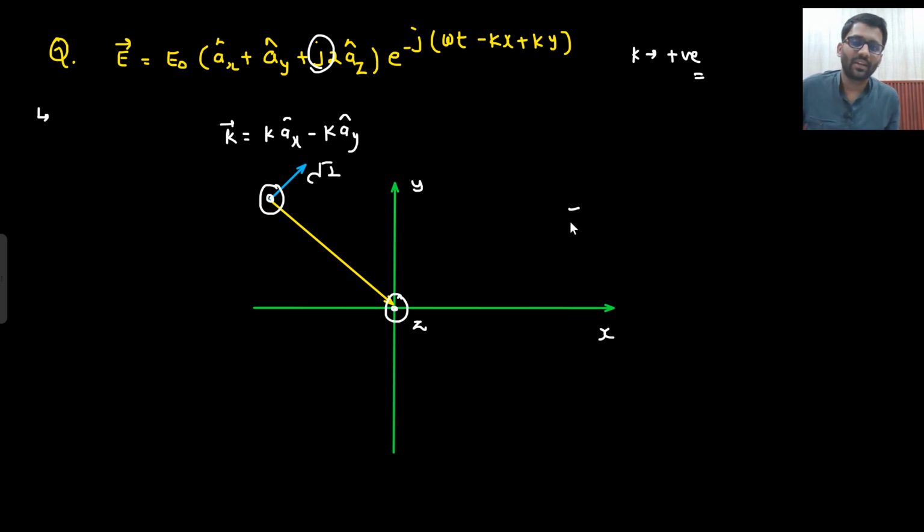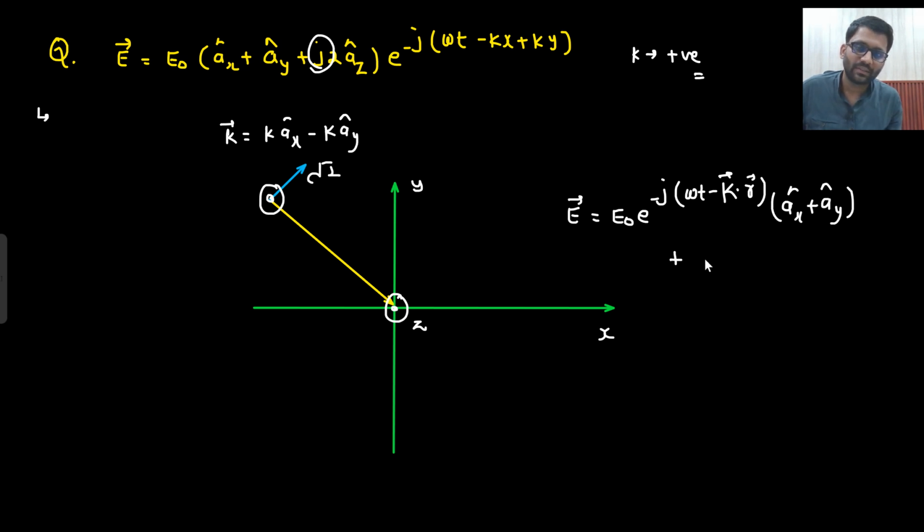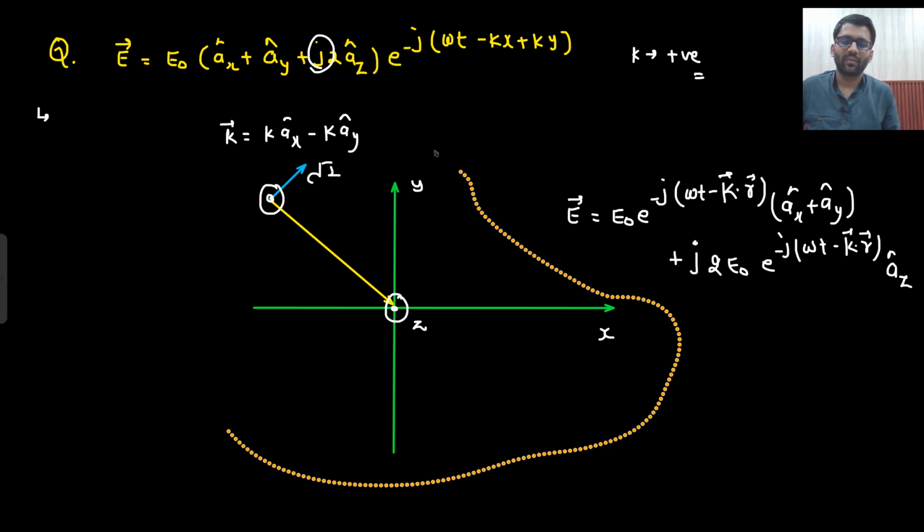What I am doing is breaking it down in this manner: E naught e to the power minus j omega t minus k dot r, I am writing, ax cap plus ay cap, plus, here the phase shift is j, 2 E naught plus j 2 E naught e to the power minus j omega t minus k dot r az cap. Okay, this is how I am writing it down.